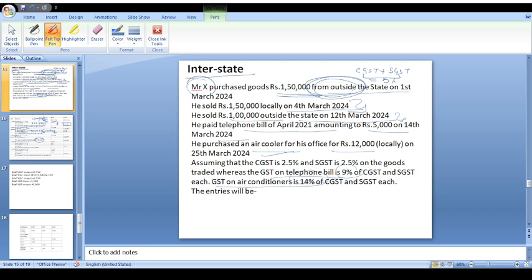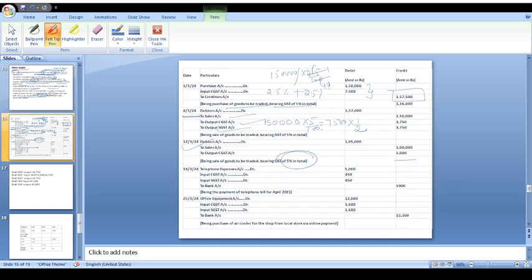And here also it is outside, so that's why here also 5% will be taken combined. Now next, telephone expenses. Telephone expenses account 5,000, input CGST, input SGST, that will be equal to 450, 9%, and total amount paid by cheque to bank 5,900.